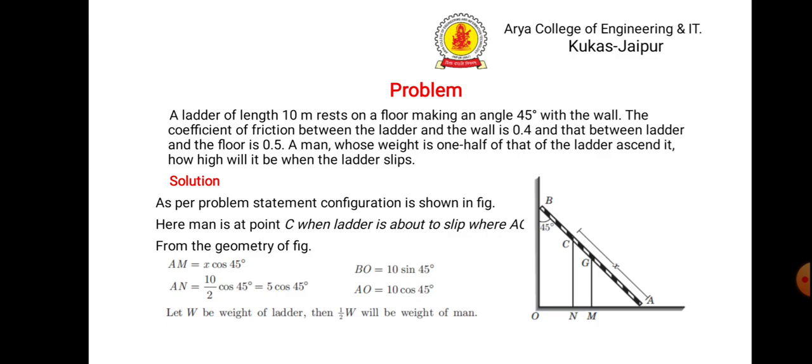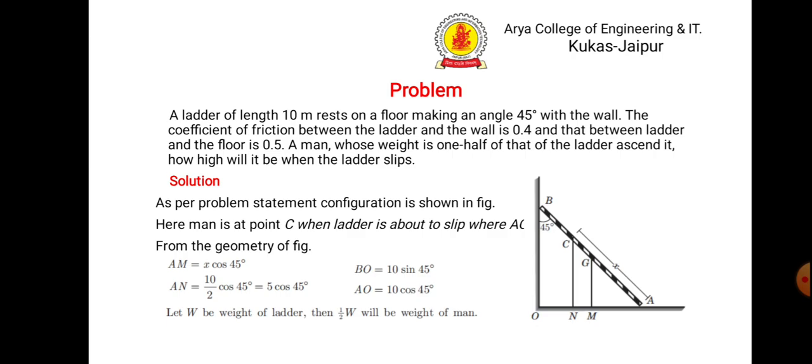Let us take this AC as X, and at G the CG of the ladder will act. So here the weight of the ladder will act. From the geometry of the figure I can write that AM equals x cos 45, AN is 5 cos 45, BO is 10 sin 45, and AO is 10 cos 45.